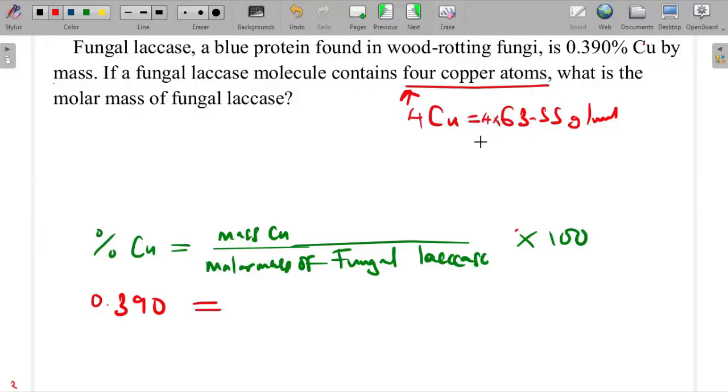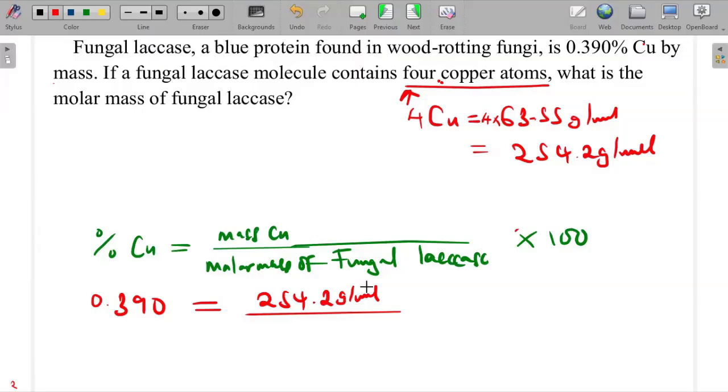If I multiply by 4, I get 254.2 grams per mole. So the mass of this copper, since there are 4 of them in there, will be 254.2 grams per mole divided by the molar mass. I'll just write it as MR of this fungal laccase, times 100.